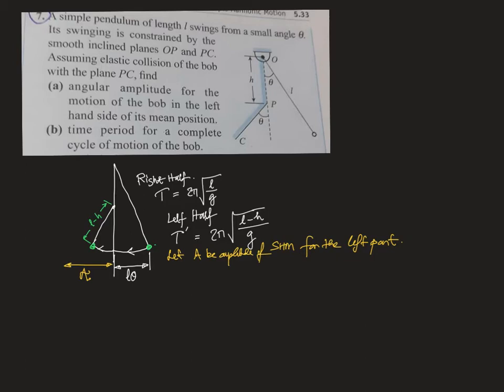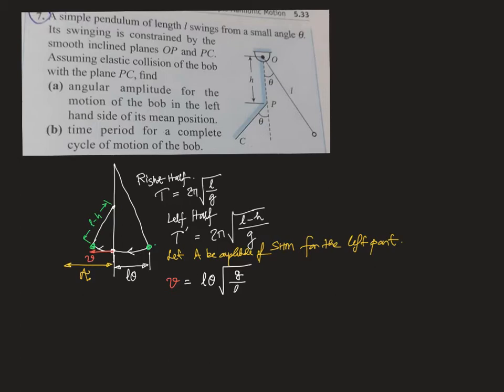Now, maximum speed. What is the maximum speed? Speed at the mean position, how much is it? V is equal to A, the amplitude of the first part, into omega, right?